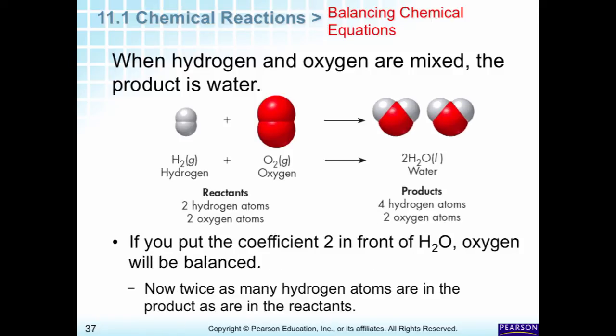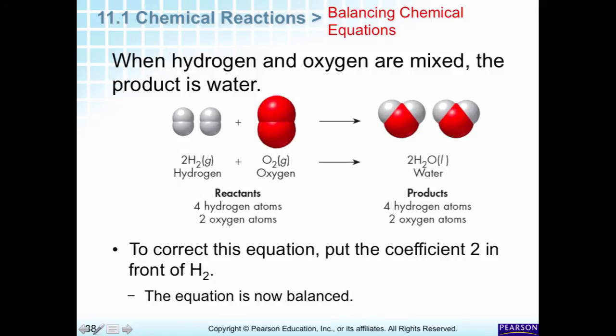So we would have 2 waters, and now our oxygens are okay, but we only have 2 hydrogens. So we need 2 more. We have to get 2 more hydrogens.